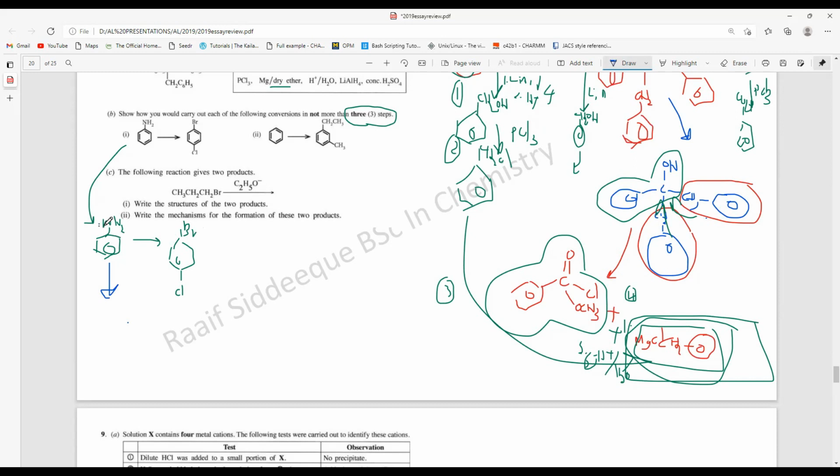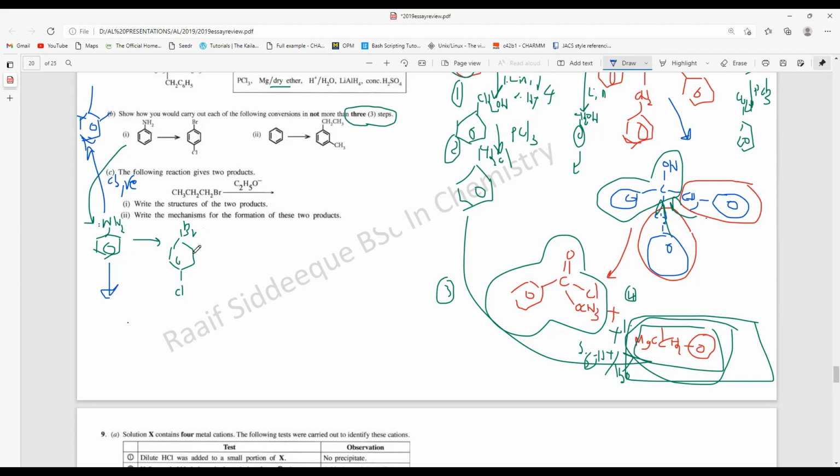Remember, NH2 aniline is a highly activating group, a high ortho-para activator. So if you think of adding Cl2, Fe or something like that for the chlorine, it will give a tri-substituted product, NH2 with 3 chlorines. So it is problematic. You cannot do that.